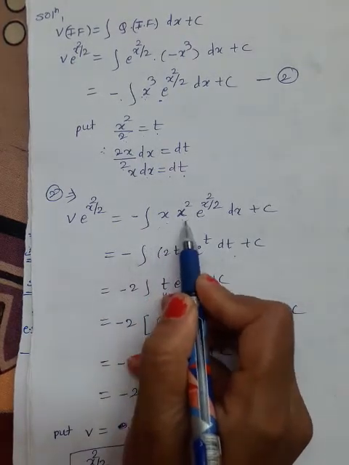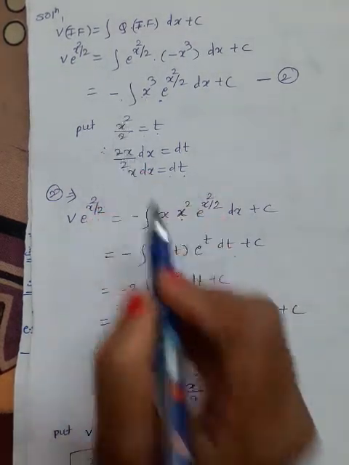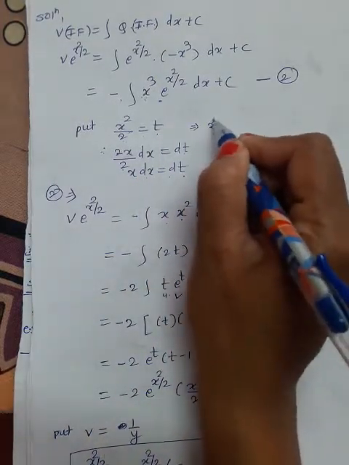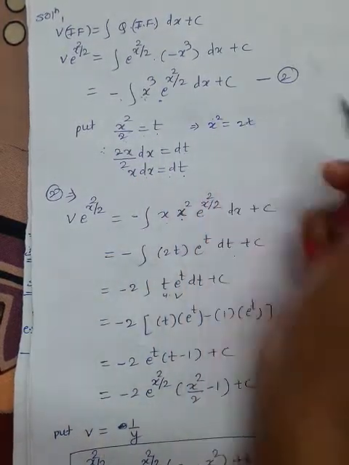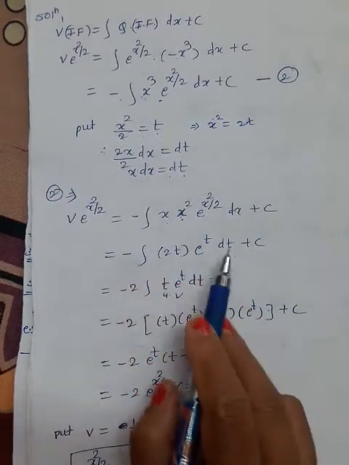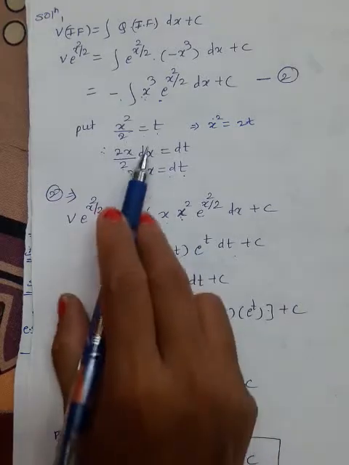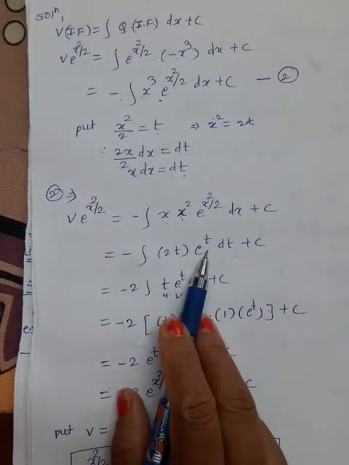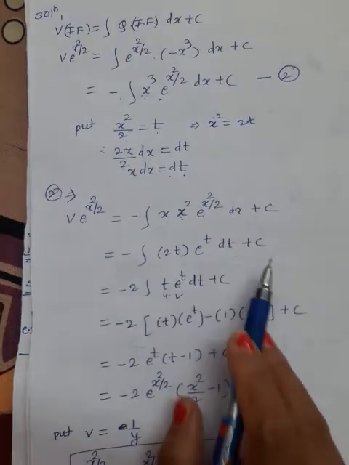Now x square by 2 is t, so x square becomes 2t. Therefore put x square as 2t, x dx as dt, and e raised to again this term is t. This substitution over, plus c.